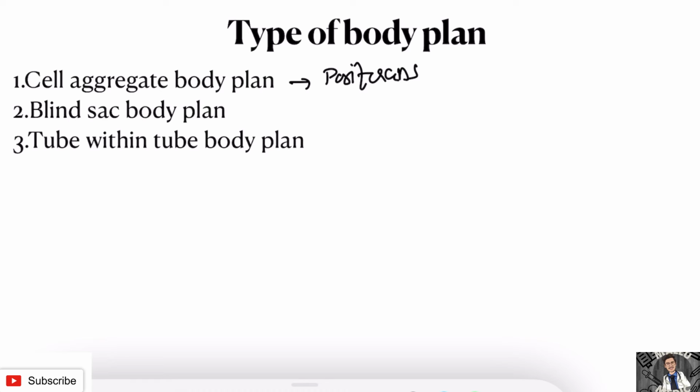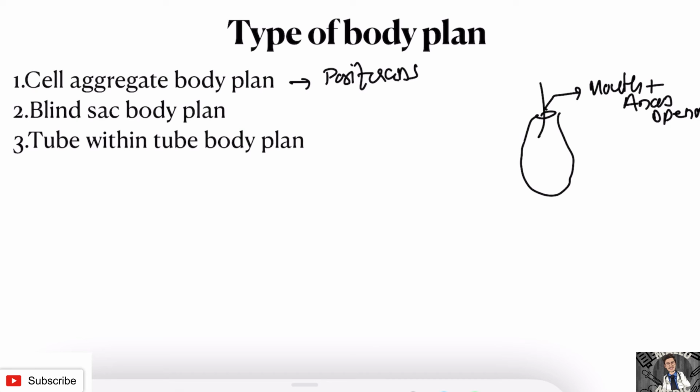Here, the body is like that of a sac, with the mouth and the anus opening being the same. Which means food is taken through the same opening and the excreta or waste material are also expelled through the same opening. So, there is only one opening. And the phyla which come under them are Cnidarians, Ctenophora and Platyhelminth.